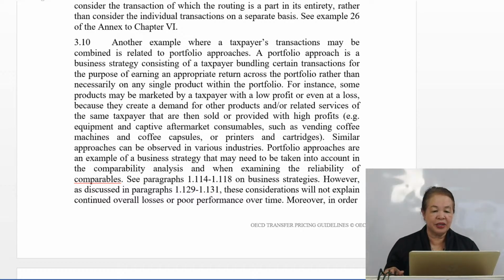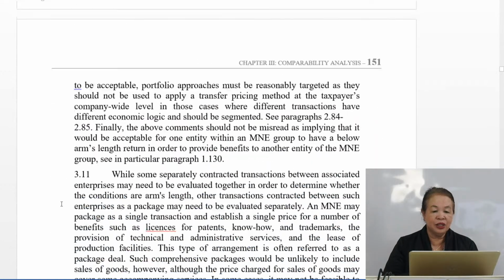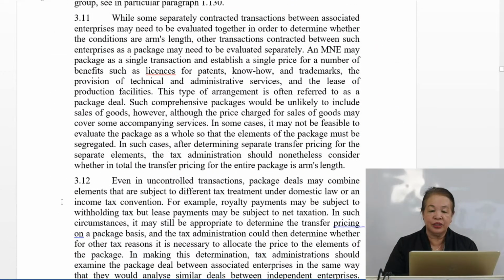While some separately contracted transactions between associated enterprises may need to be evaluated together in order to determine whether the conditions are arm's length, other transactions contracted between such enterprises as packaged may need to be evaluated separately.